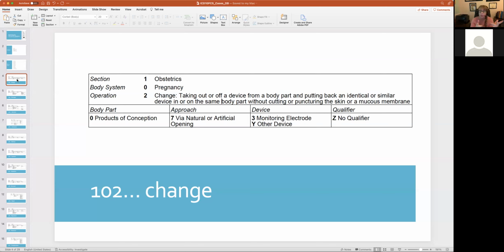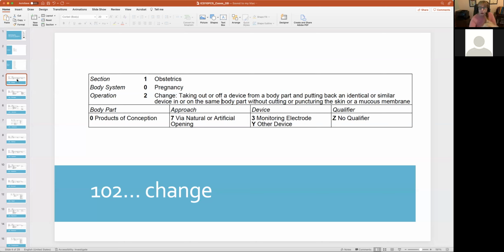10207. It's going in the vagina. And the device is the only place where you have to make a decision based on what is documented. A monitoring electrode, which is the most typical, but remember that things in healthcare, especially caring for our next generation in utero, there's always room for growth and new innovation.